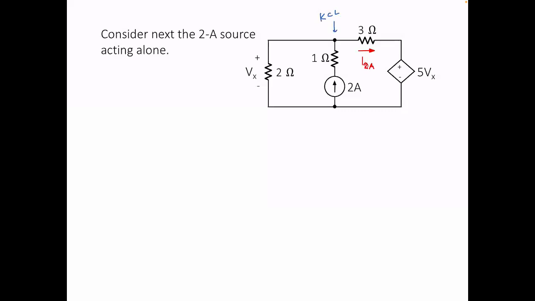If this is your reference, this is equal to V of X. So you have V of X over 2, okay, minus 2 plus V of X minus 5 V of X over 3. This is equal to 0. No, this is just nodal analysis at this point. Okay, so you can solve for V of X.